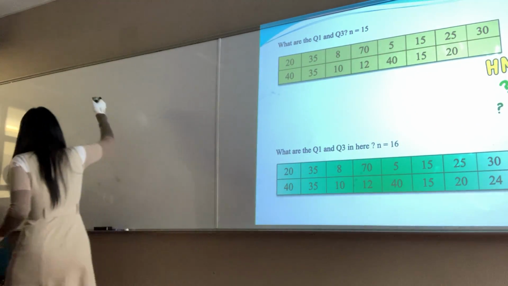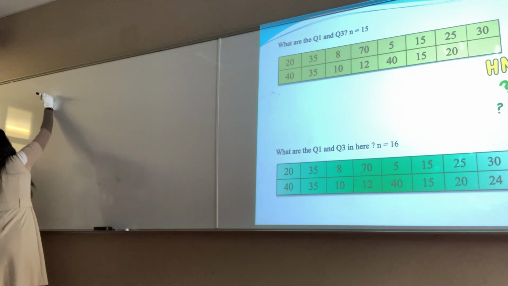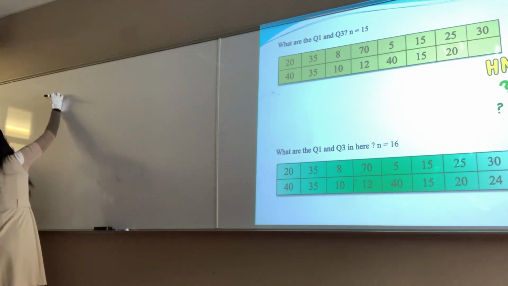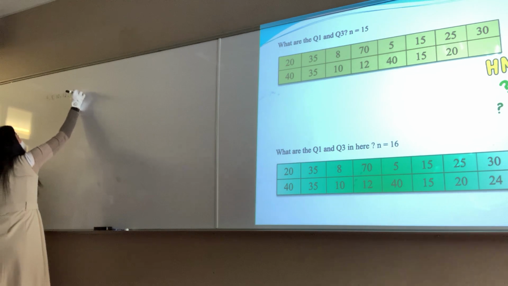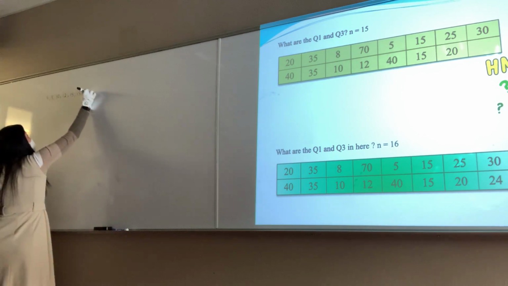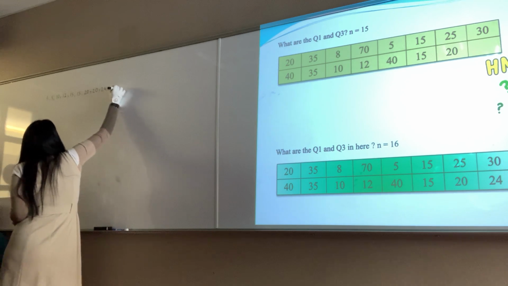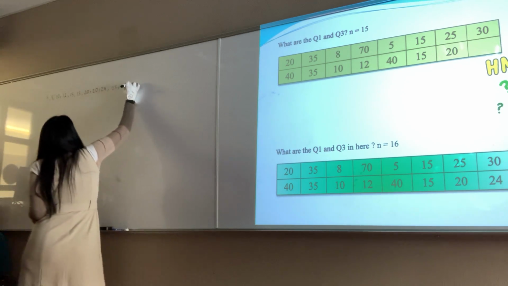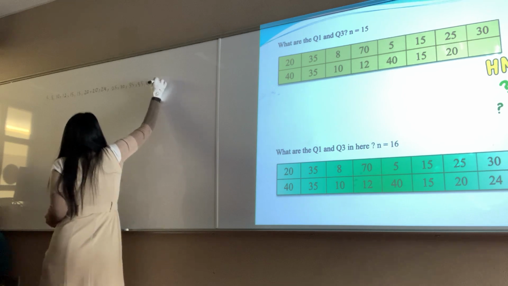Okay, so tell me. From the minimum, we have 5, 8, 10, 12, 15, 15, 20, 20, 24, 35, 30, 35, 35, 40, 40, and 70.